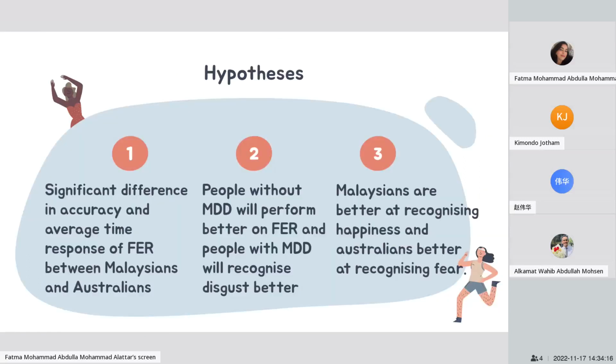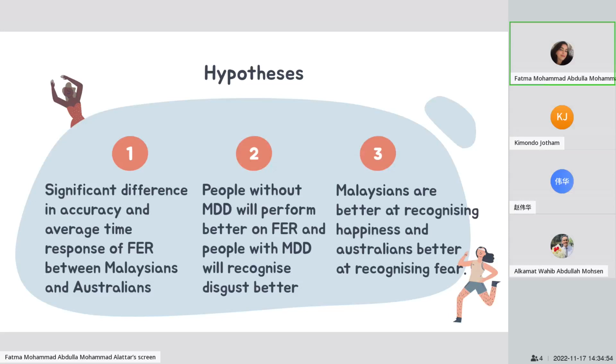So the goal of this study is to better understand MDD through a cross-cultural investigation. This study will investigate the cultural differences between Malaysian Malay and Australian Caucasians with MDD and without MDD in FER. The researchers hypothesize a significant difference in the accuracy and average response time of FER between the two groups, Malaysians and Australians, with Australian Caucasians performing better.